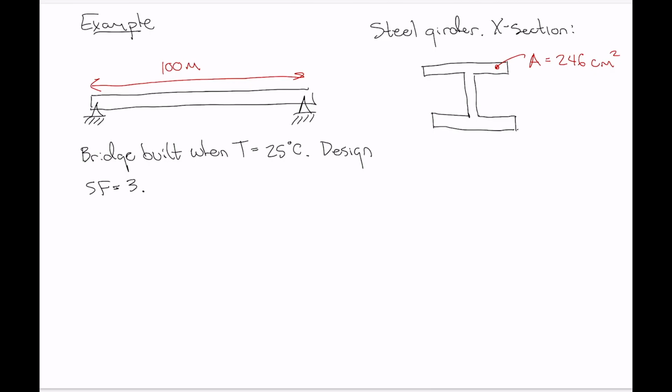So the bridge was built using a design safety factor of 3. And the steel that was used is common structural steel with modulus of elasticity, let's say, of 200 gigapascals and a yield strength of 250 megapascals.